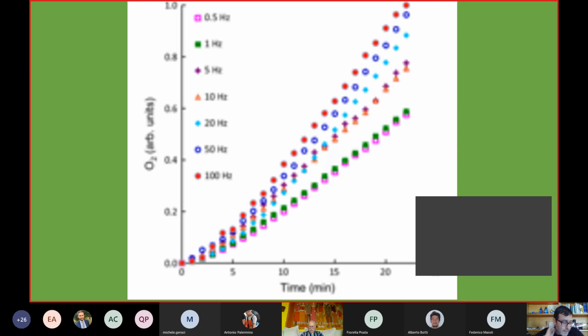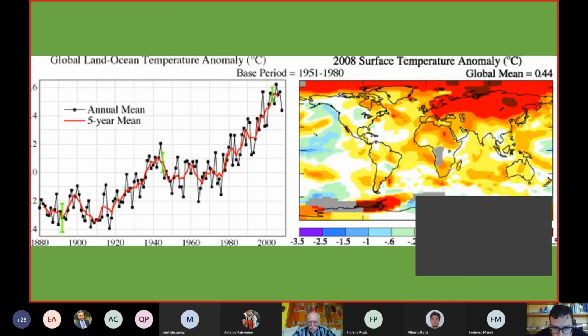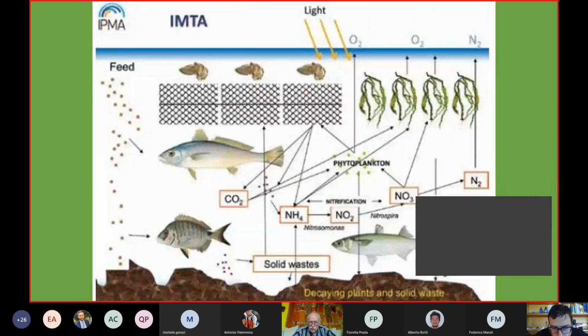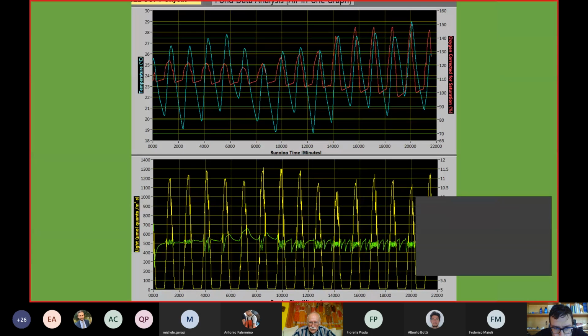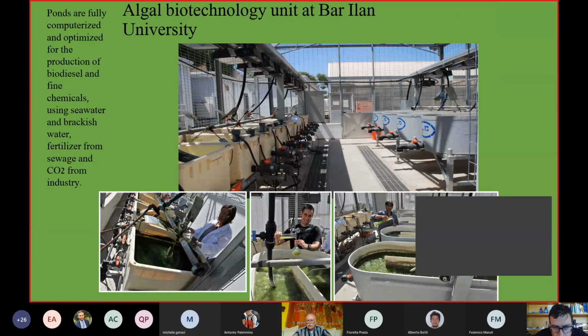Oh yes, I actually was really impressed by the slide of your lab. If you want to put it back one second, the Bar-Ilan facilities, it was quite impressive. Yes, this one.